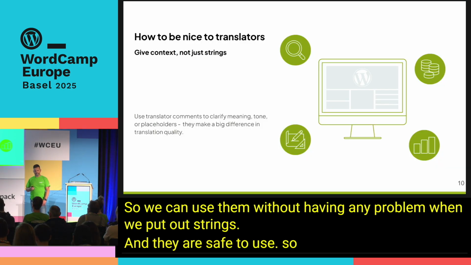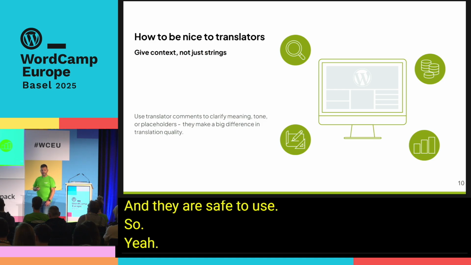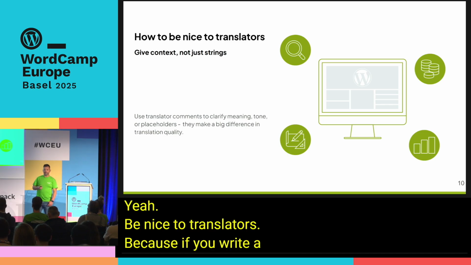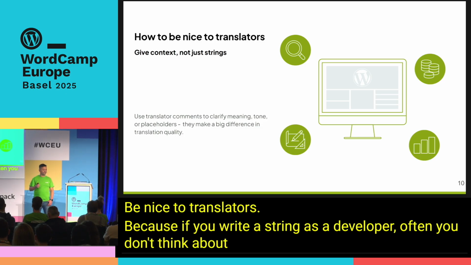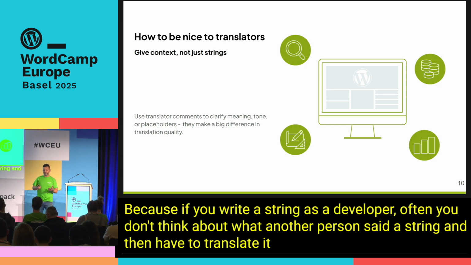So, yeah, be nice to translators. Because if you write a string as a developer, often you don't think about what another person sees that string and then has to translate it. You can explain it.